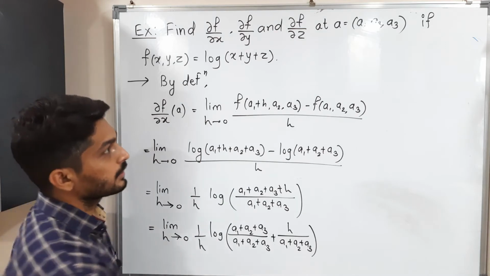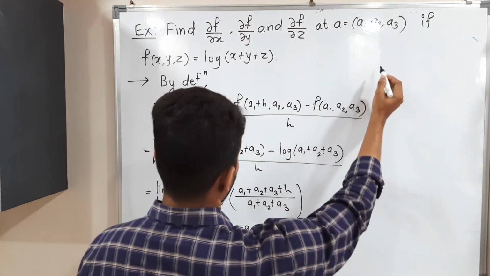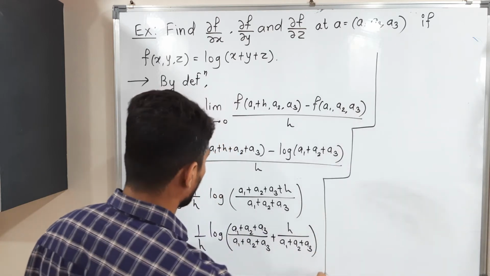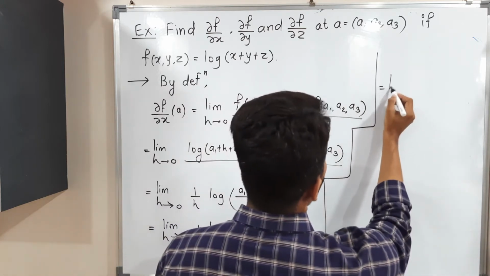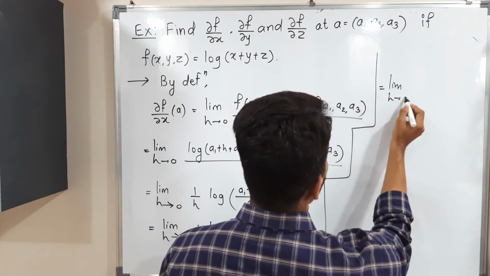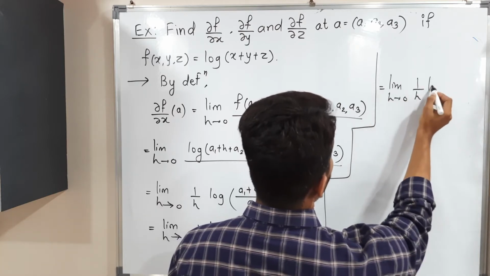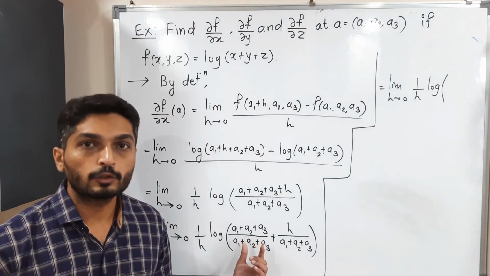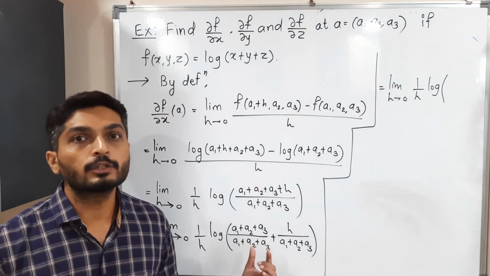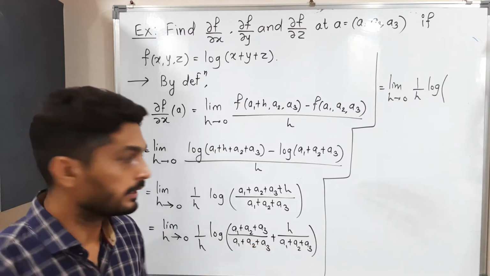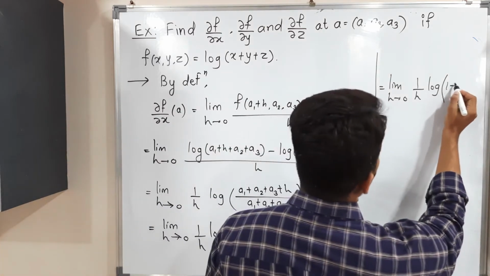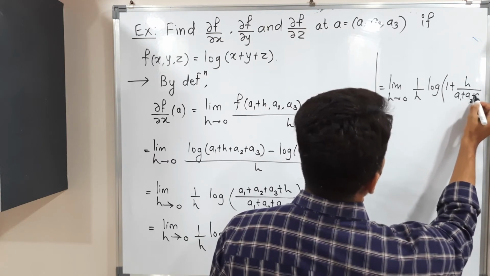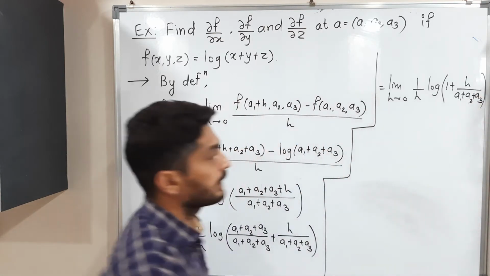So this is equal to limit h tends to 0, 1 by h log of, numerator and denominator are the same, so they will get cancelled, and we will have 1 only there, 1 plus h upon a1 plus a2 plus a3. So this thing we have.